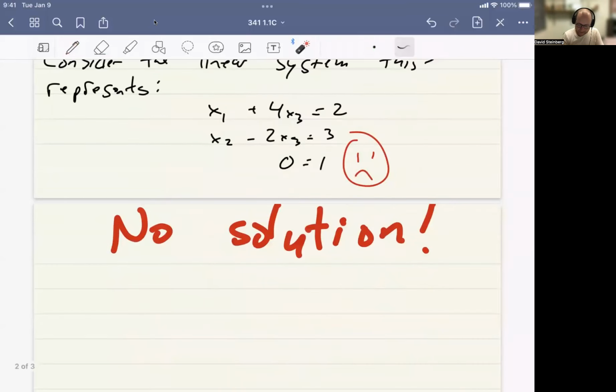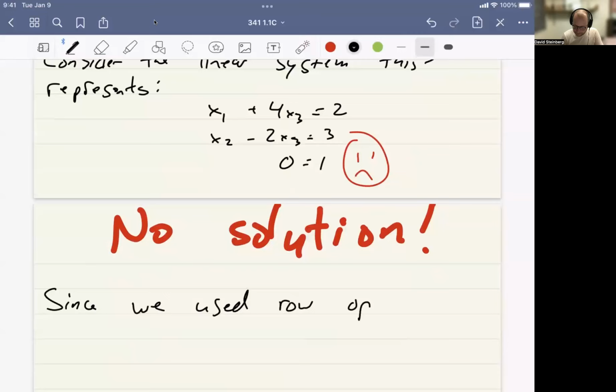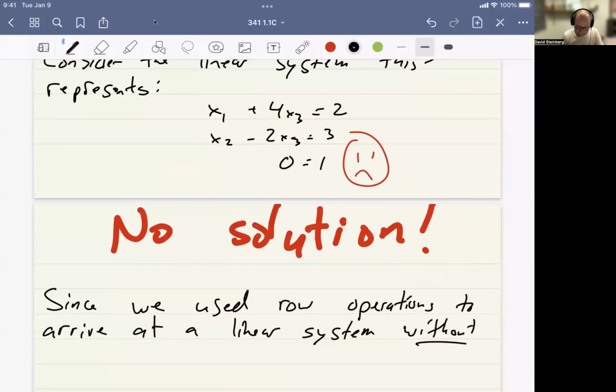Since we used row operations to arrive at a linear system without a solution, and those operations didn't change the solution set, the original linear system can't have had a solution.